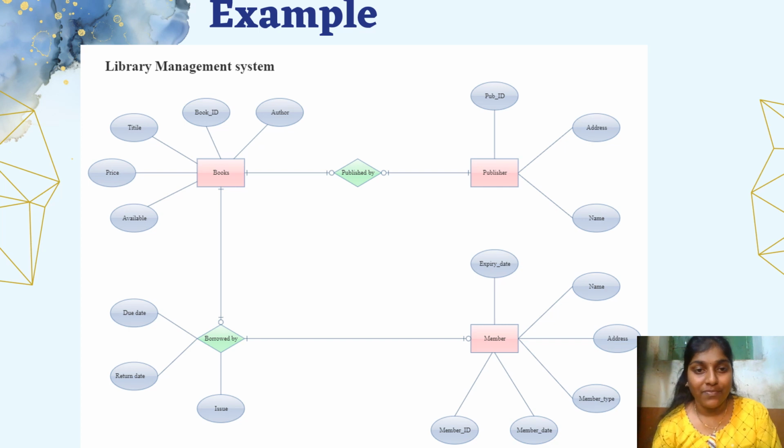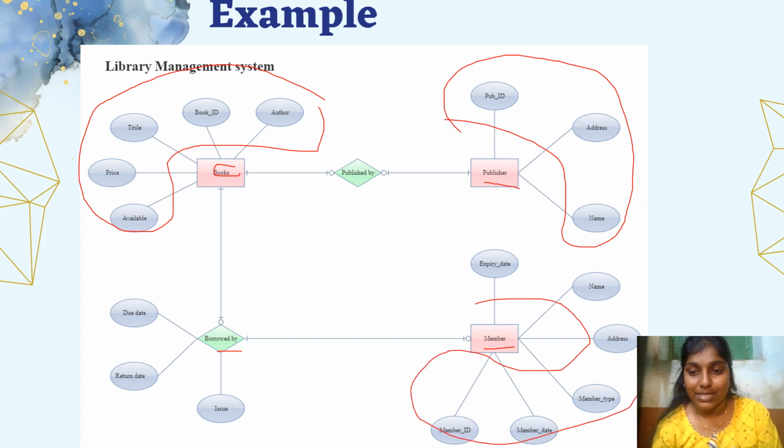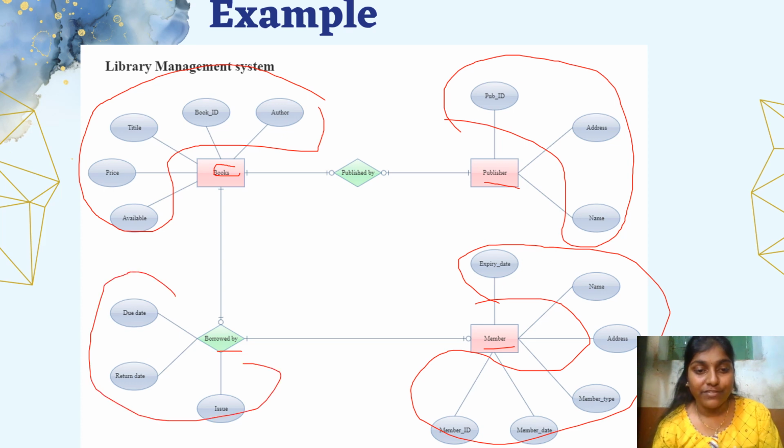So we have already discussed that book, publisher, member, and borrowed by, we are going to use them. These are the attributes of the book, these are the attributes of the publisher, and these are the attributes of the member, such as the expiry date and so on, and these are the attributes of borrowed by.